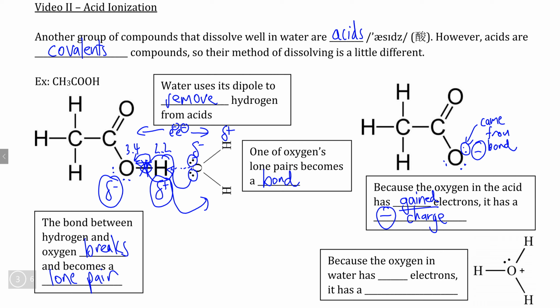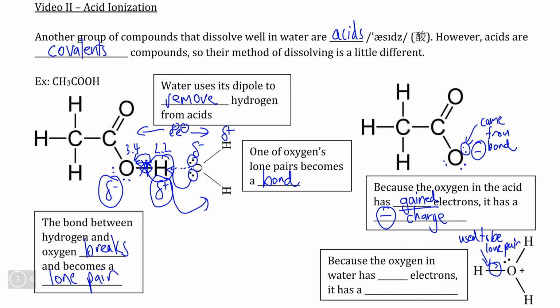Well, if we've made a negative charge, that must mean that we made a positive charge somewhere else, and we can see that by looking at water. If we look at the lone pair that moves to the hydrogen in order to make a new bond, we know that this bond used to be a lone pair.